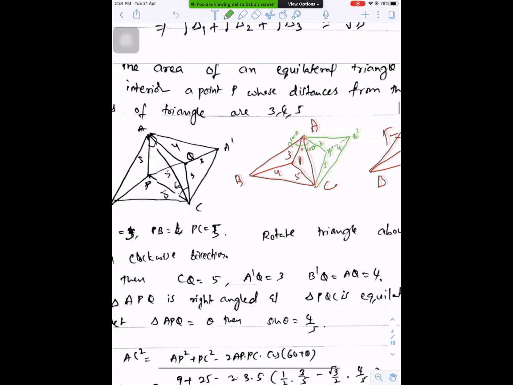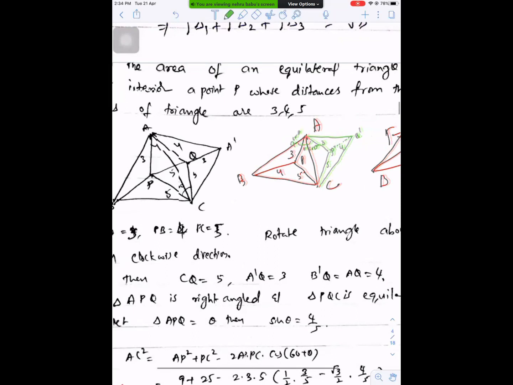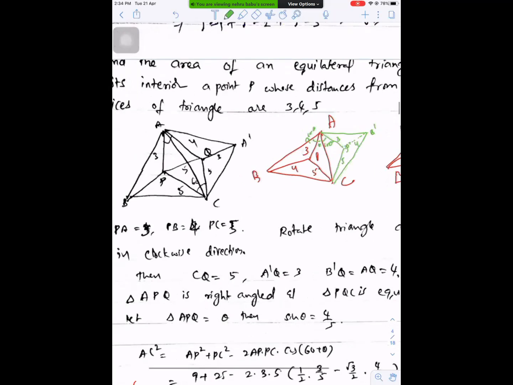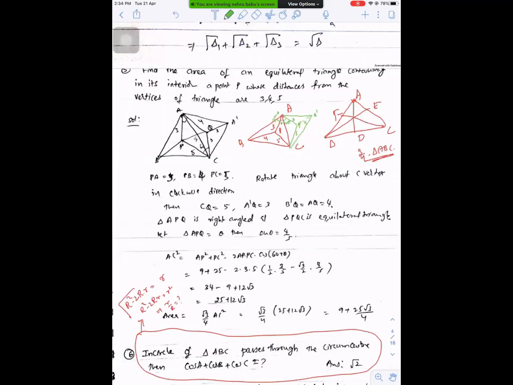What we did in this question is rotate the figure about C in the clockwise direction, by 60 degrees. Here I am explaining. In the position of A point, you get the B point after the 60 degrees rotation. A's new position is A dash.